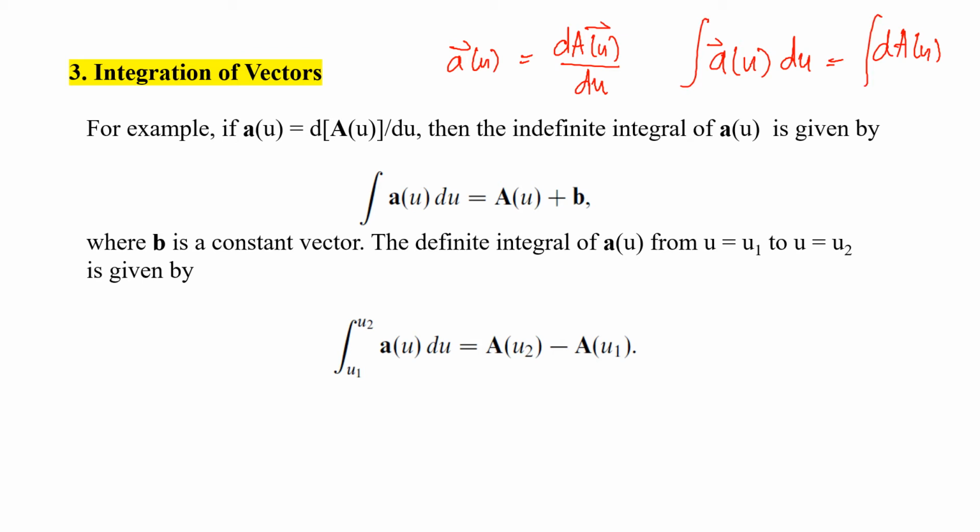So the integral of a of u times du is equal to your A of u plus some constant B, where B is a constant vector. The definite integral of a of u from u equals u1 to u equals u2 is given by the integral of a of u du evaluated from u1 to u2. That is equal to A of u2 minus A of u1. So this just follows your integration as you have learned in your calculus.